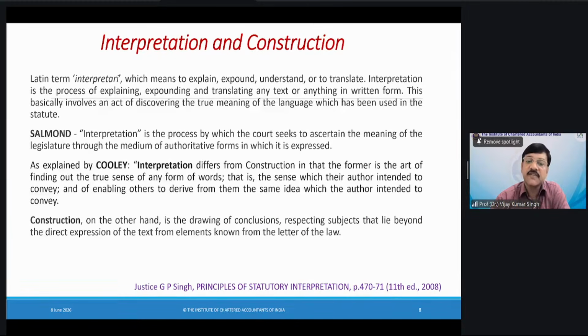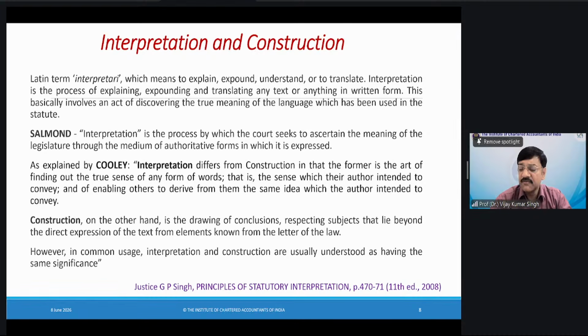Whereas construction, on the other hand, is drawing of conclusions respecting subjects that lie beyond the direct expression of the text from elements known from the letter of law. So it is basically telling you that construction means making sense of that particular legal text which is written there.